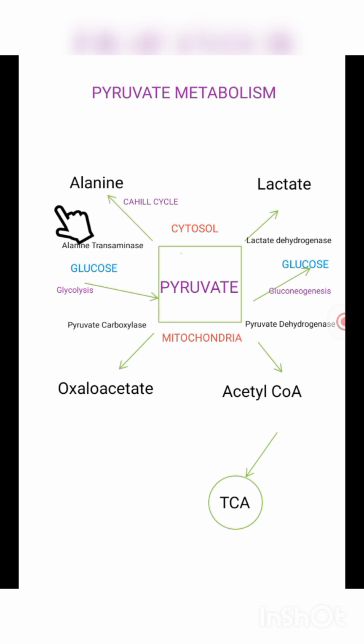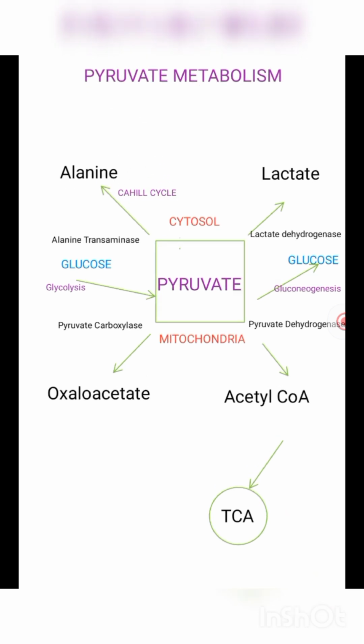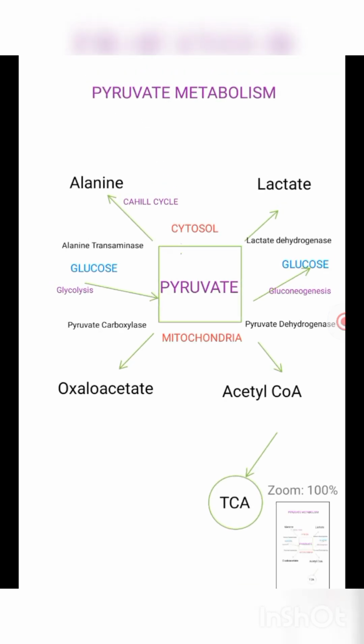And once it gets to the liver, it can still be converted to pyruvate. That pyruvate in the liver can still be converted back to glucose using this process that we're talking about, which is gluconeogenesis. So basically, this cycle is known as the Cahill cycle. Very interesting interplay, how pyruvate is converted to alanine simply for transport purposes.